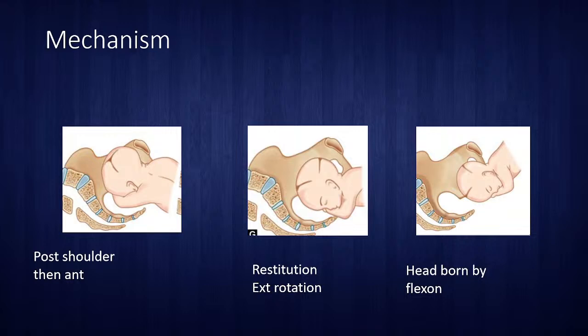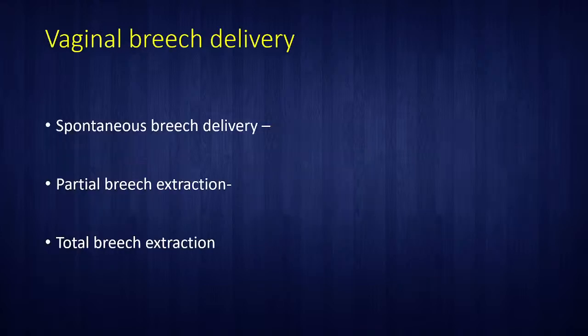But there are many maneuvers, many movements I will show you. First thing is vaginal breech delivery can be of three types. One is spontaneous breech delivery, one is partial breech extraction, another is total breech extraction. Spontaneous breech delivery means the baby delivers in breech presentation without any assistance of the obstetrician or any caregiver.